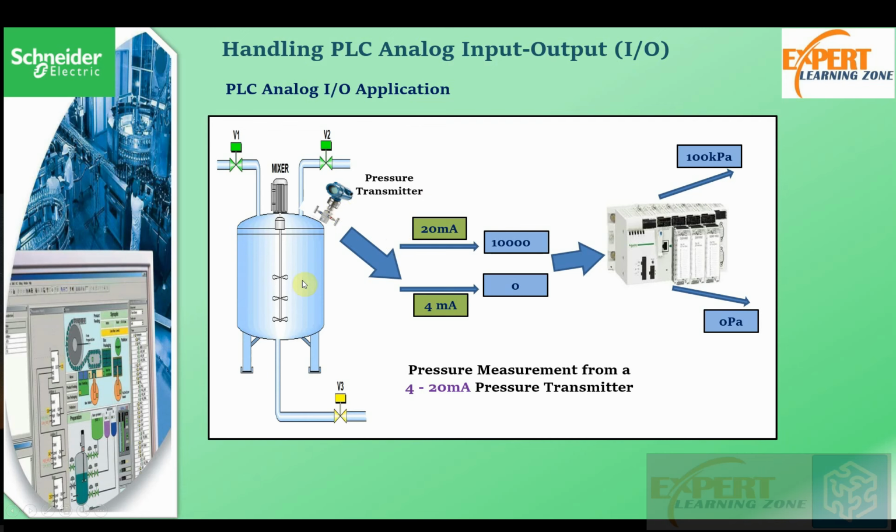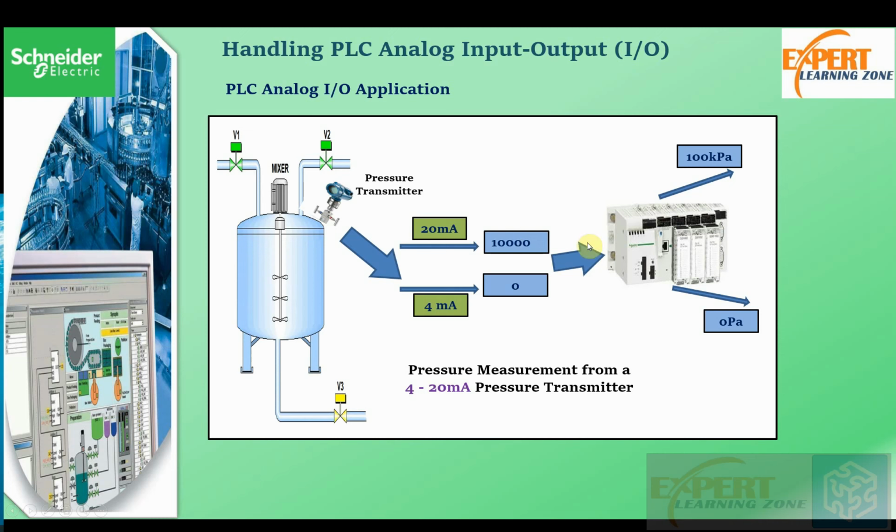Now, what are some of the applications of analog IOs? For example, we have this reservoir where we are constantly monitoring the pressure through this pressure transmitter. This pressure transmitter can give out an analog signal in the range of 4 to 20 milliamps. On the other hand, the PLC receives this information in the range of 0 to 10,000.